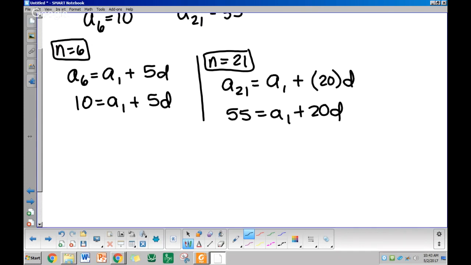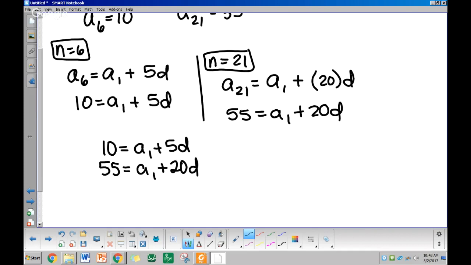Now some people will use elimination here, but boy, this is a classic candidate for elimination because all I have to do when solving these is multiply something by -1, because the coefficients in front of the a sub 1s will always be 1. So we can line them up. 10 equals a sub 1 plus 5d. 55 equals a sub 1 plus 20d.